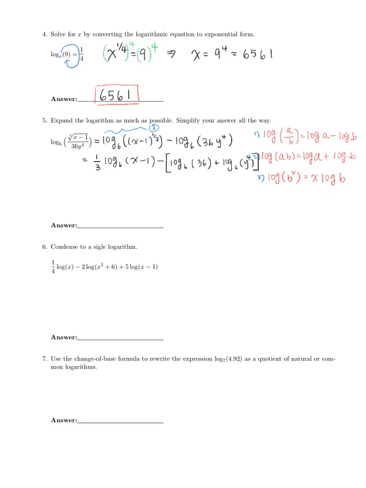Okay, so now let's keep simplifying this. So this is going to be 1/3 log base 6 of x minus 1 minus log base 6 of. Now 36 is what? 6 squared. And then don't forget to distribute this minus sign.